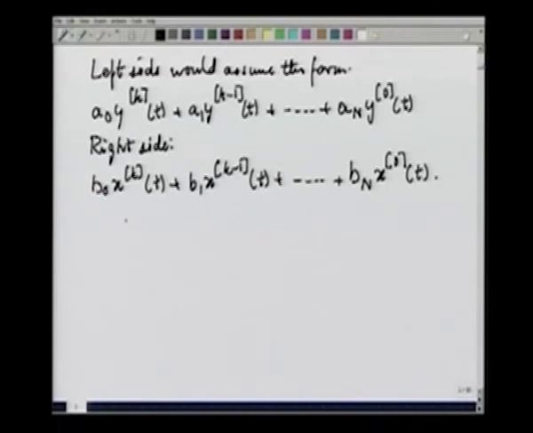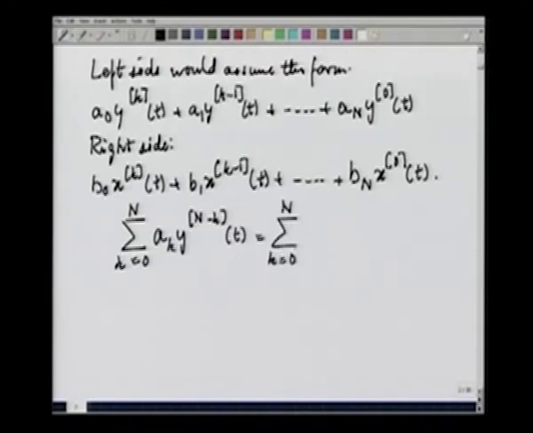This would be the summation k equals 0 to n of ak y(n-k)(t) equals a similar expression on the right side. This is what we would get.